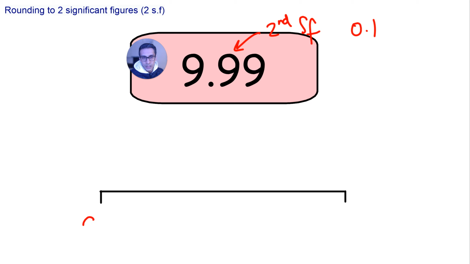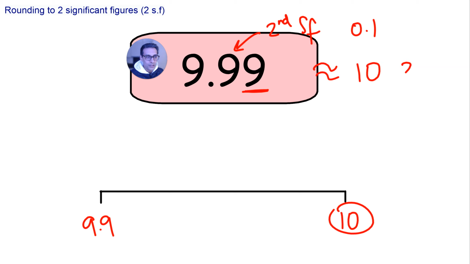So it's either going to be 9.9. Now if you add 0.1 to that, it becomes 10. We don't write 10.0, it's just 10. So here, because the decider is a 9, we round up to 10. So this will approximate to 10 when we're rounding to 2SF.